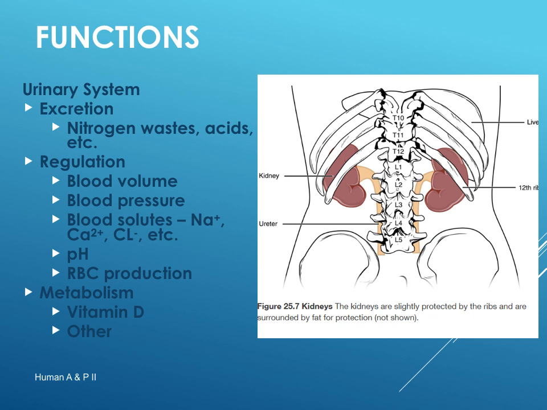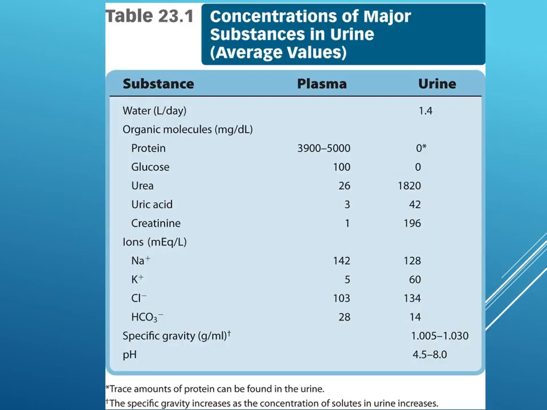It also plays a role in regulating pH and producing red blood cells. The kidneys are big drivers of metabolism. Most notably, they metabolize vitamin D to an active form, and they are used to modify and excrete lots of substances.